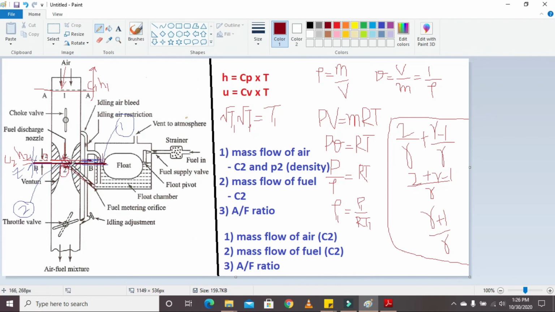So this fuel metering orifice is either on the same level, but usually it is always some small distance, some centimeters, some millimeters above the level of the fuel inside the float chamber. So you have to keep this in your mind as well.